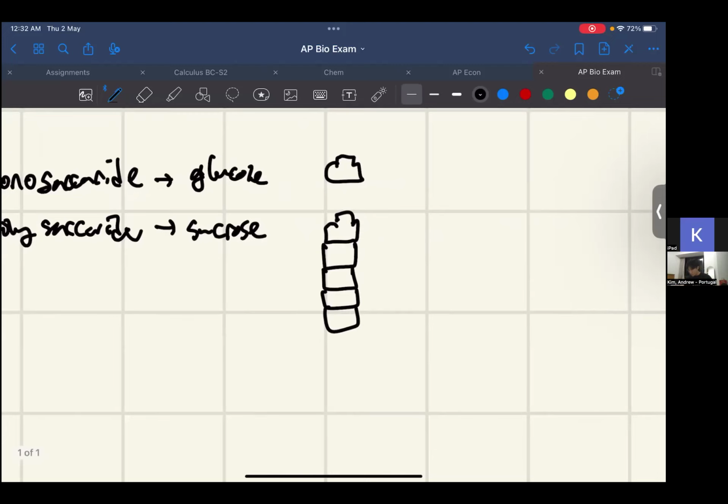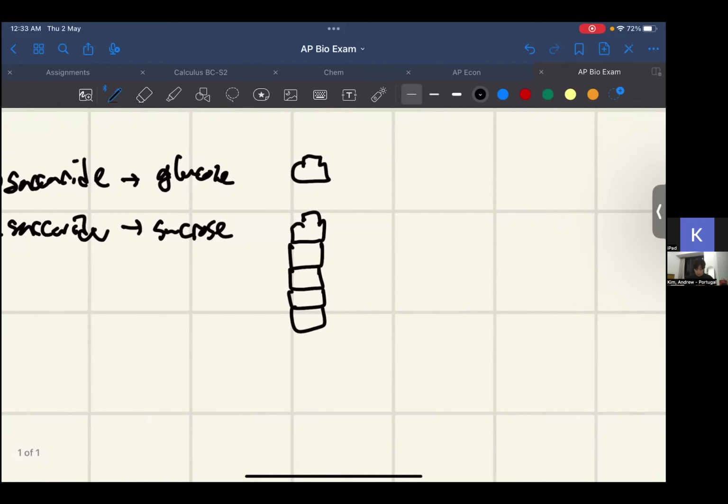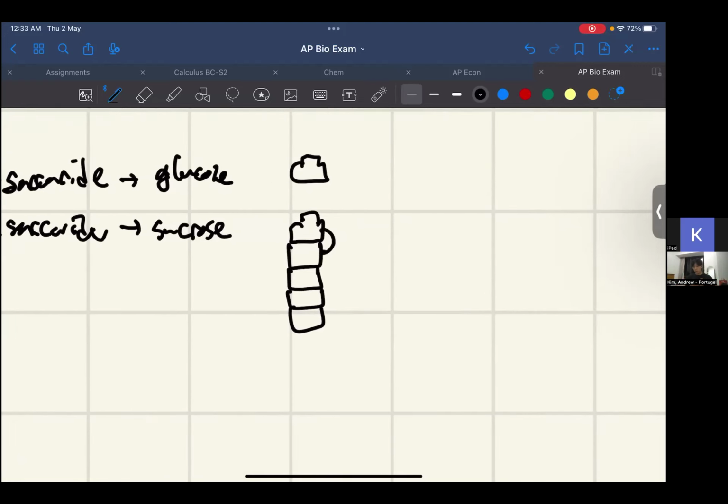Now, how are these bonds made? How can each Lego block bond to another Lego block to make this polymer? Well, in the case of carbs, this linkage between two monomers is called glycosidic linkage.